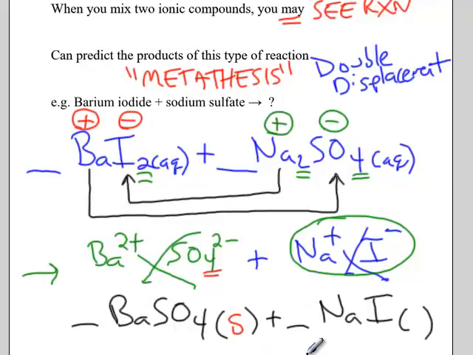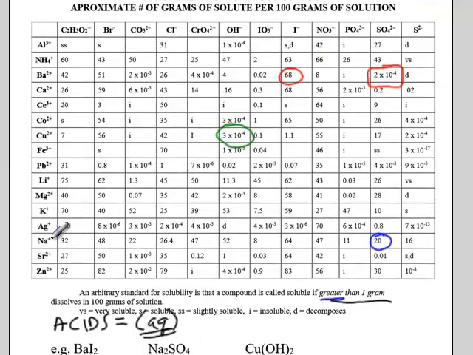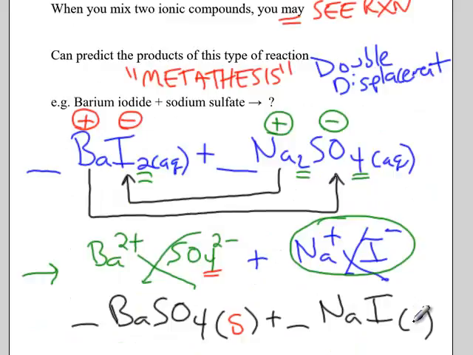That would be solid. We do the same thing for sodium iodide. We find the sodium and iodide. That gives us a value of 64, which is greater than 1, so it does dissolve in water. So sodium iodide is aqueous.